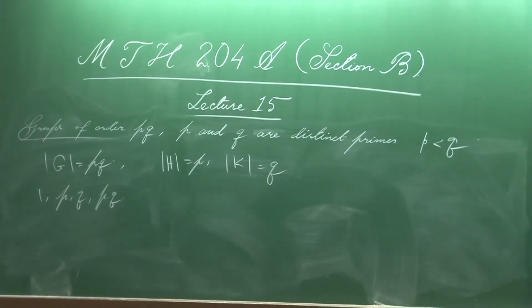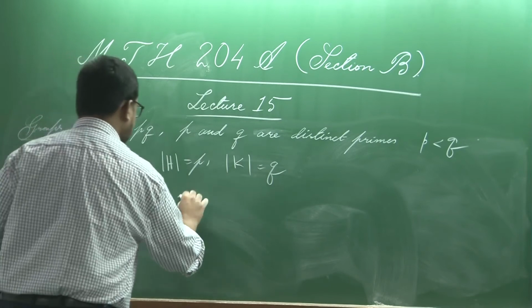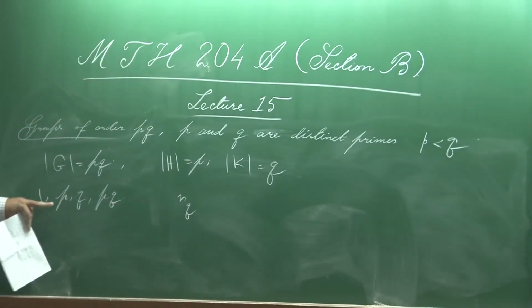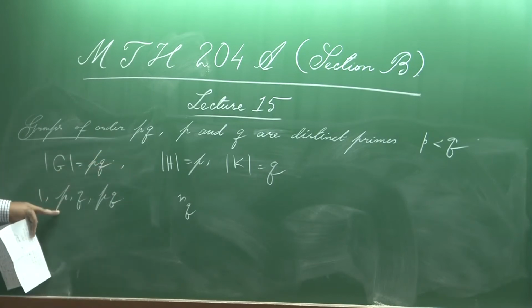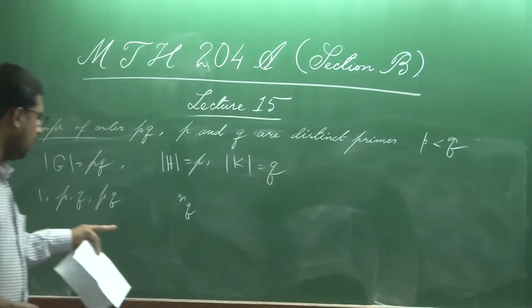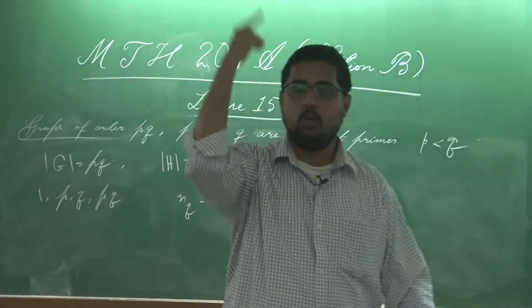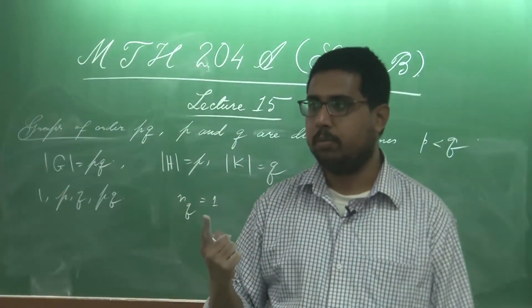Now, you can see that n_q, that is the number of Sylow q subgroups, has to be 1, right, because p is less than q. So, n_q is 1. What does this mean? There is exactly one Sylow q subgroup.